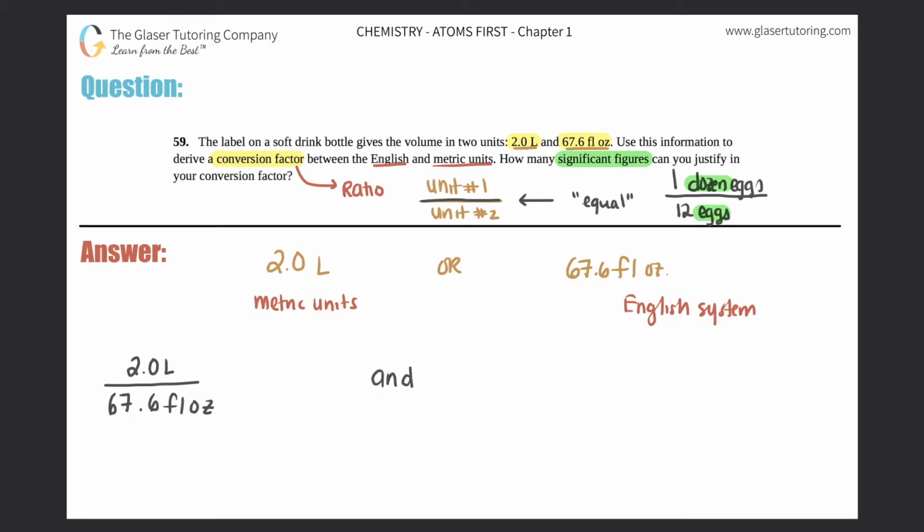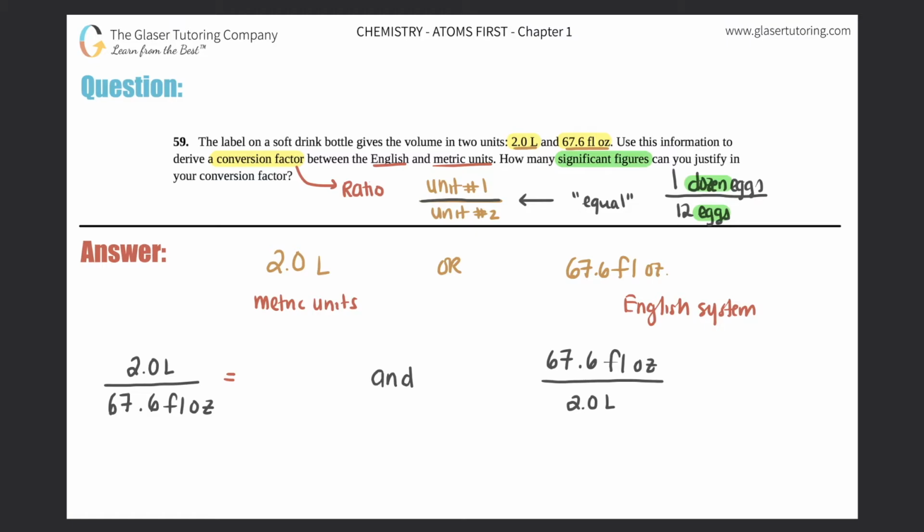And we could also say, since they're equal to each other, I could start with the fluid ounces on the top. 67.6 fluid ounces is equal to, use the ratio, 2.0 liters. Now, let's actually do the math, in this case division, right? We're dividing the 2 numbers. And then we have to figure out how many sig figs we can justify.